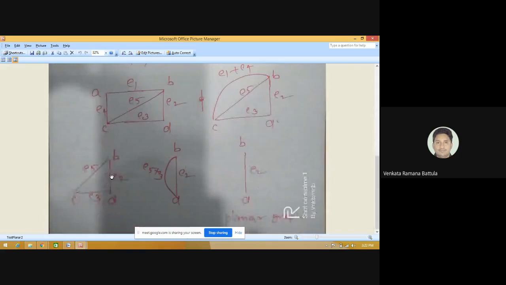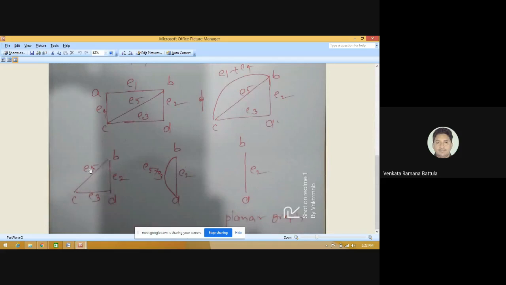Now, again, all the vertices have degree 2. You can take any vertex, but here I'm taking vertex B. To reach D from B, we already have edge E2. We can also reach D from B through C, B to C and C to D, something like a transitive path.